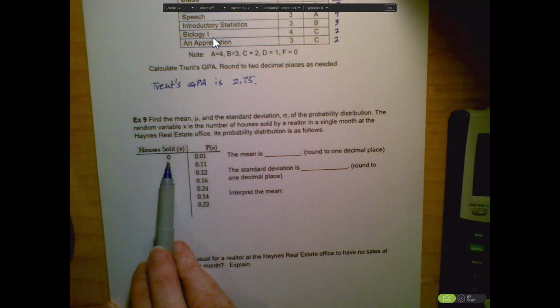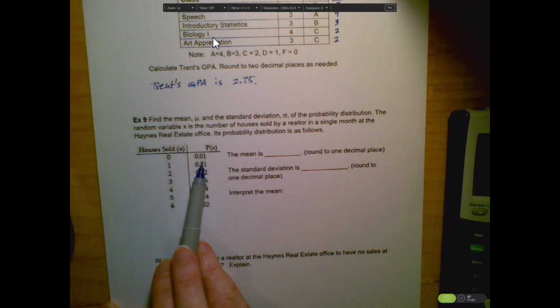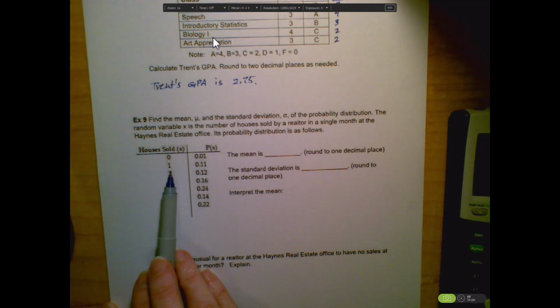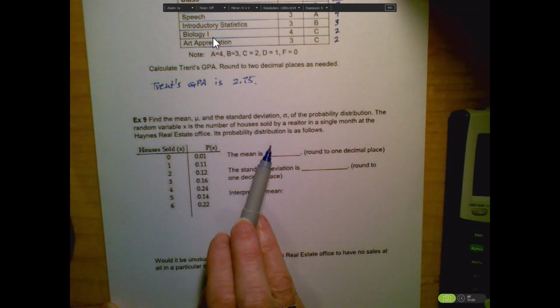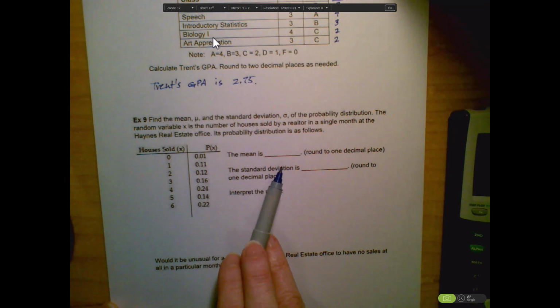So 0 houses sold, the probability is 0.01, 1 house sold in a month, 0.11, and so forth, all the way down to 6 houses sold in a month. Okay, so we're to find the mean and the standard deviation and interpret what this mean is telling us.